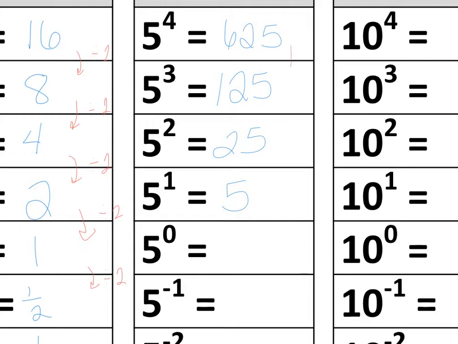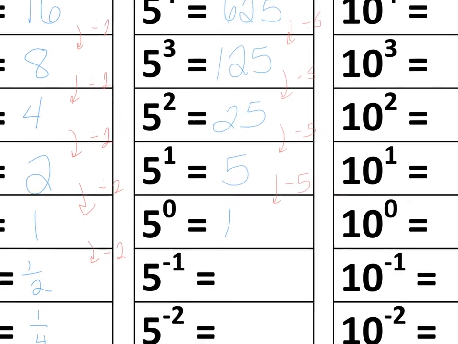Again, to get from 625 to 125, we divided by 5. 125 to 25, divide by 5. 25 to 5, divide by 5. If you think about the inverse of multiplication, when you take away an exponent, that's really just dividing by one extra base. So if we keep up the pattern, 5 divided by 5 equals 1, meaning 5 to the 0 is 1 whole.